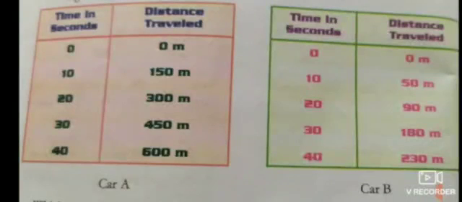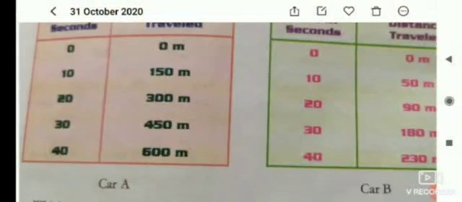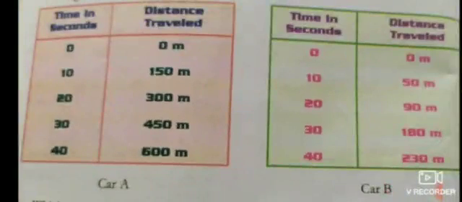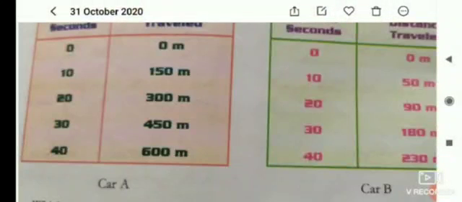Obviously, we notice that for car A, the change in position in every 10 seconds is 150 meters. But for car B, the change in position is not constant.